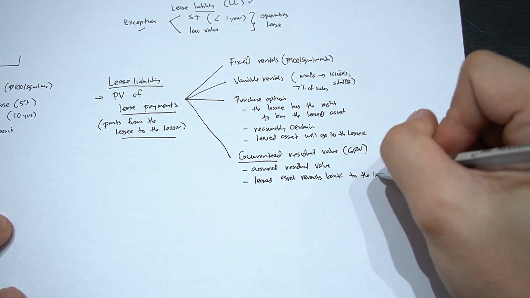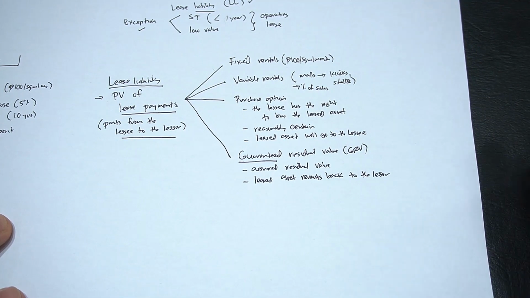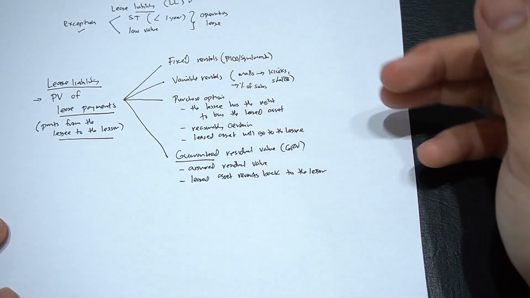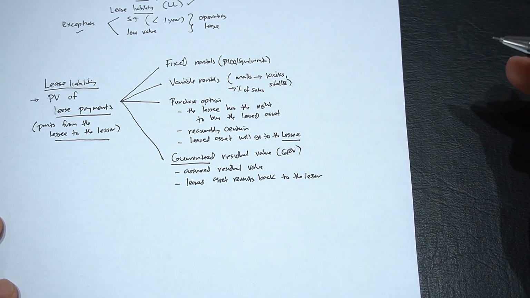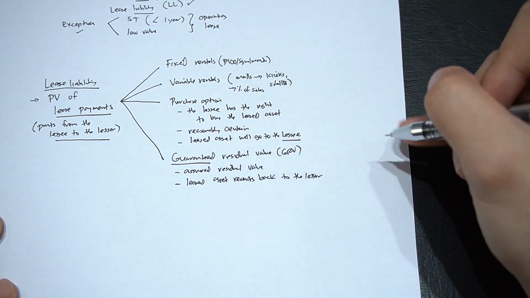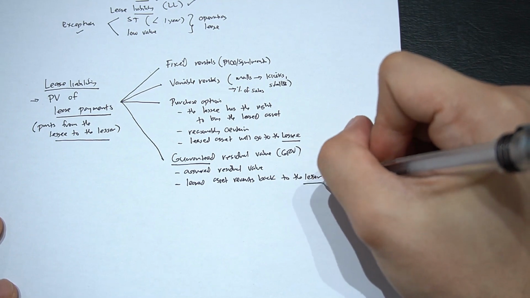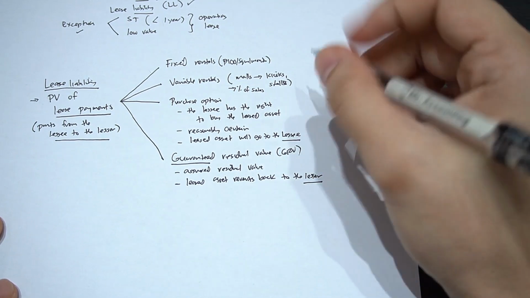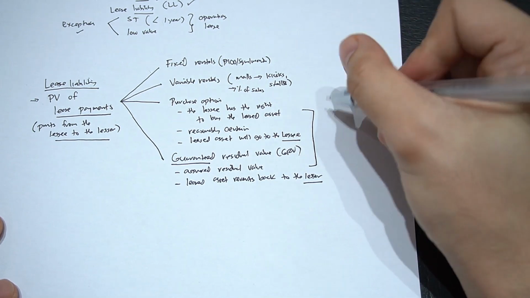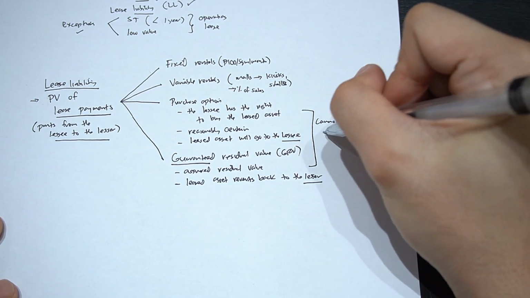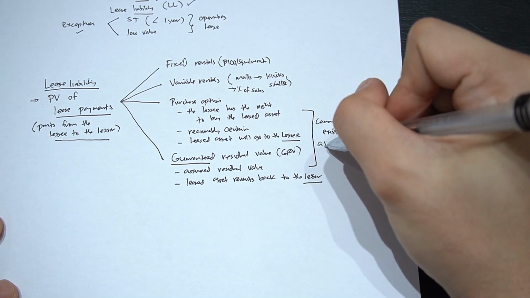Tama? Babalik sa kanya sa end of useful life. Now, if you compare that sa purchase option, in a purchase option, mapupunta kay lessee yung property, yung leased asset. Pag may guaranteed residual value naman, mapupunta kay lessor yung leased asset. Therefore, yung purchase option and guaranteed residual value cannot exist at the same time.